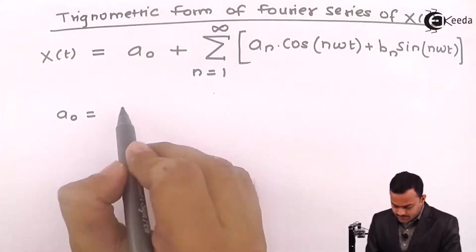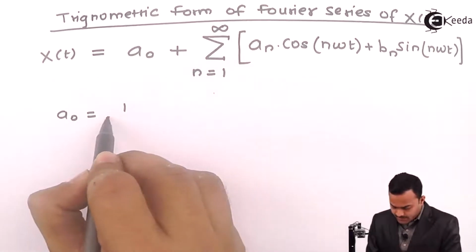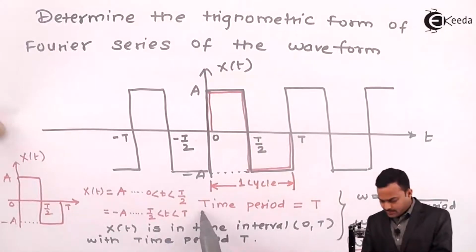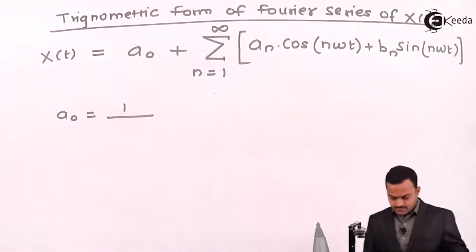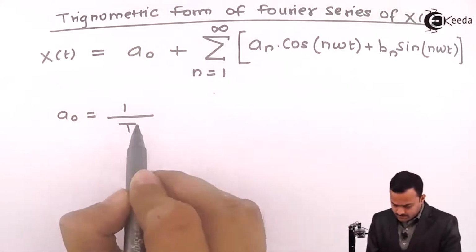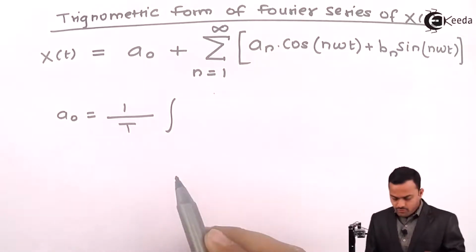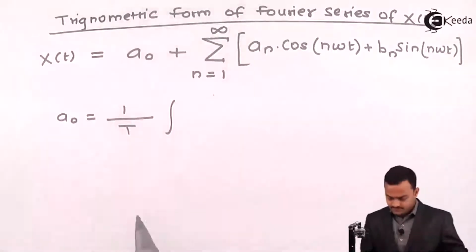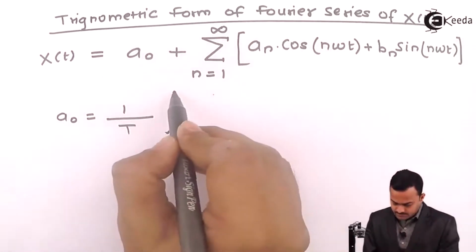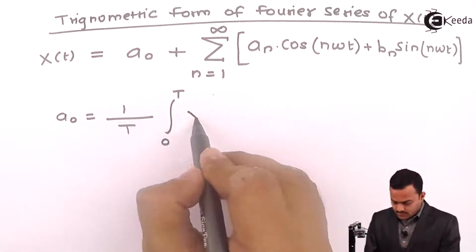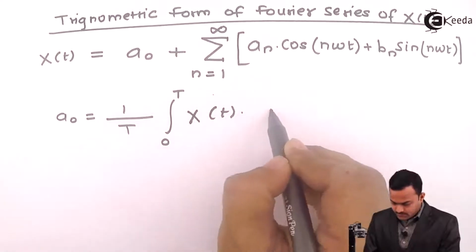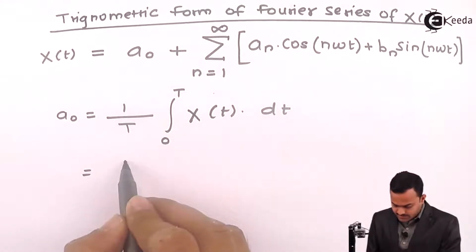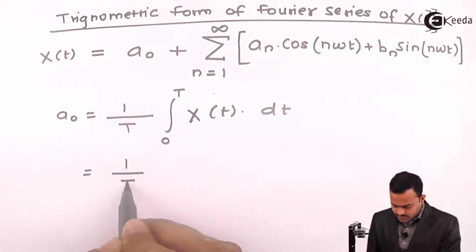a0 is 1 upon the time period, and over here the time period is capital T, so it's 1 upon T. The waveform exists from 0 to T, so integral 0 to T of x of t dt.